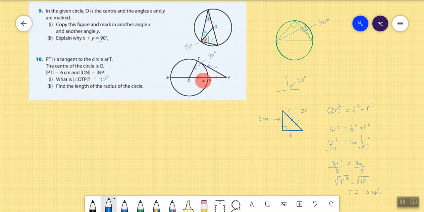So we can say that the radius of this circle is 3.46. So the length of the radius is 3.46, and it'd be centimeters. Hopefully that makes sense, and I think that's it.